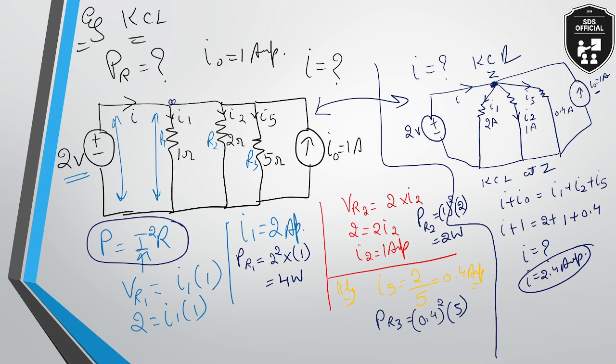Similarly, power consumed by resistor R3 is I square R, 0.4 square into R. What is the value of R? 5. Solve this for me. So 0.4 into 0.4 into 5: 4 by 10, 4 by 10, 4 into 4 is 16, 16 into 5 is 80.